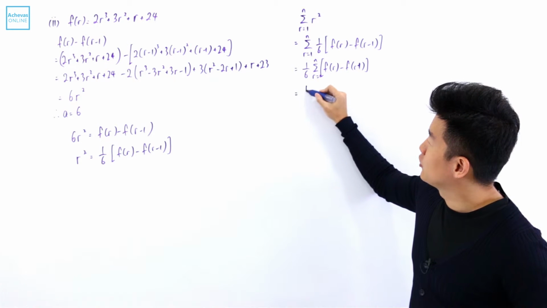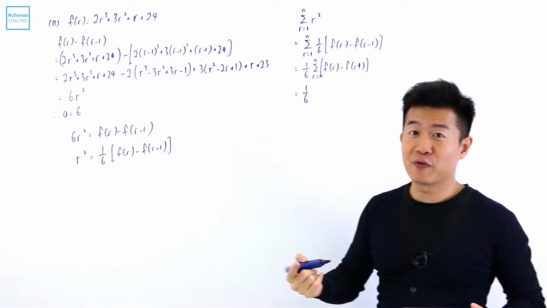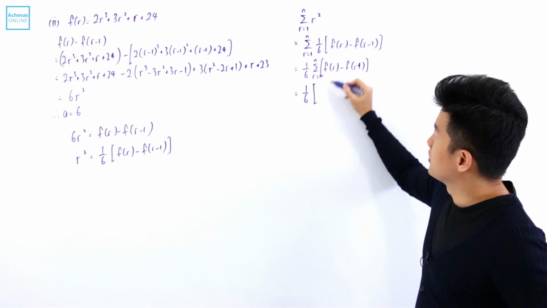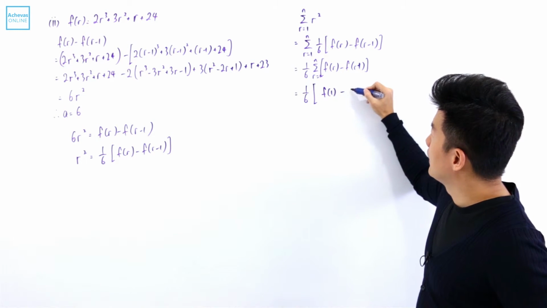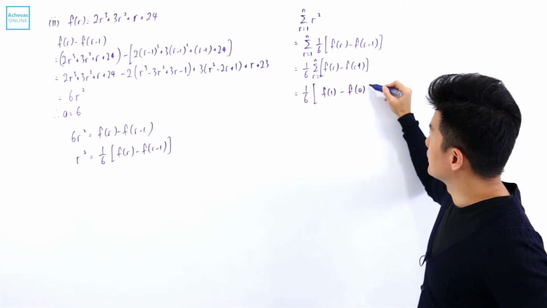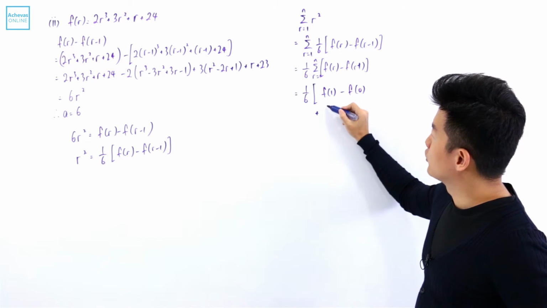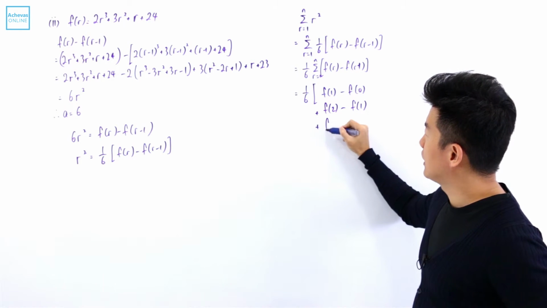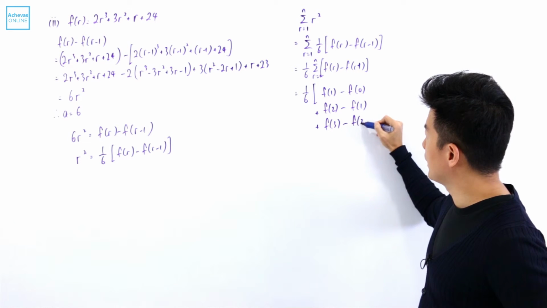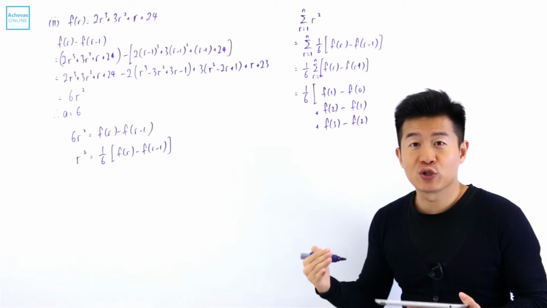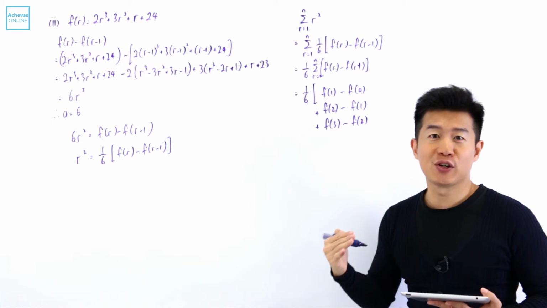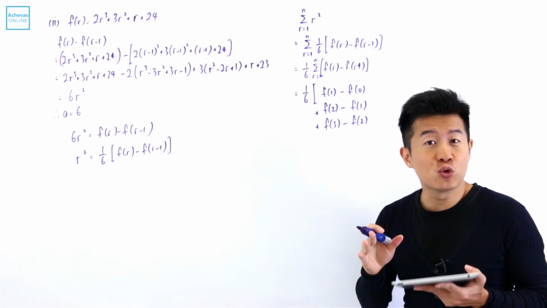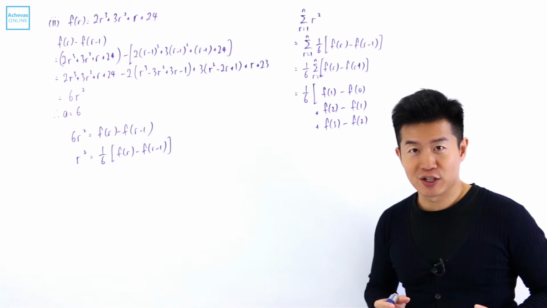So this is going to be 1 over 6, applying the method of difference, rewriting it according to the method of difference pattern. This is going to be f(1) minus f(0), then plus, r equals 2, so f(2) minus f(1), plus f(3) minus f(2). And how many rows should I write? We should always write enough rows so that I can see at least 2 repeated patterns of cancellation.